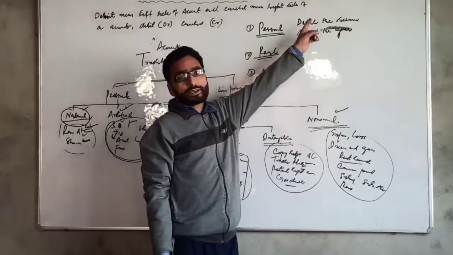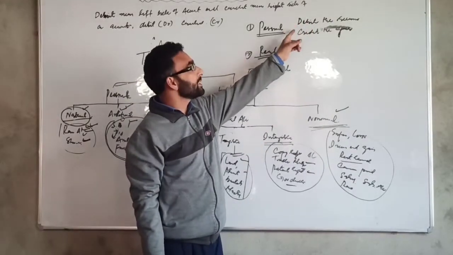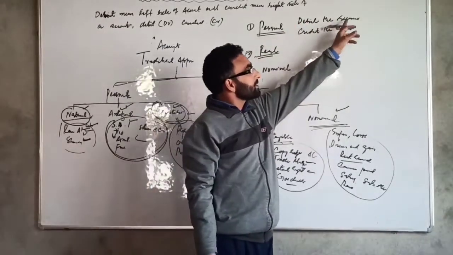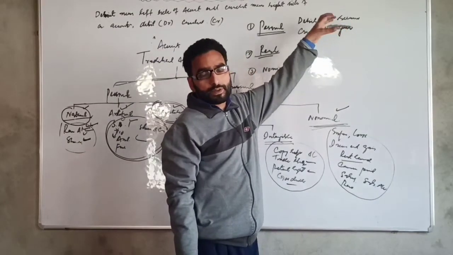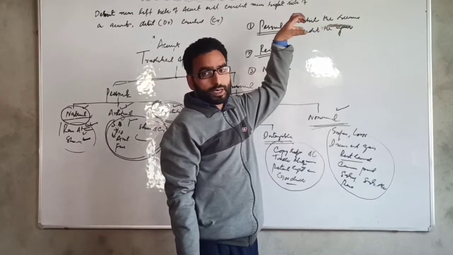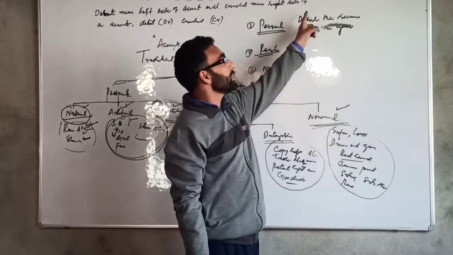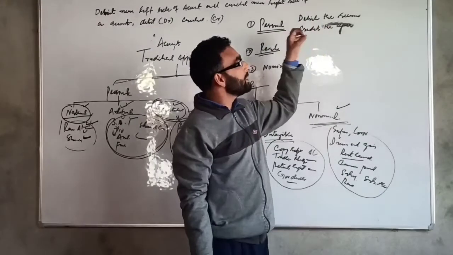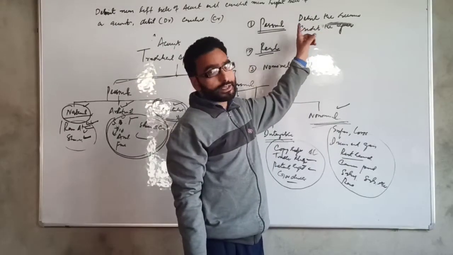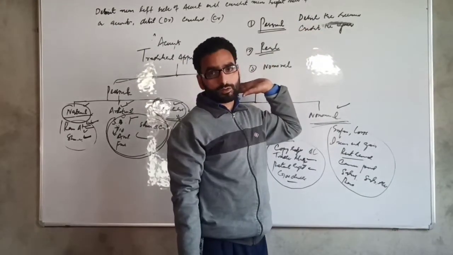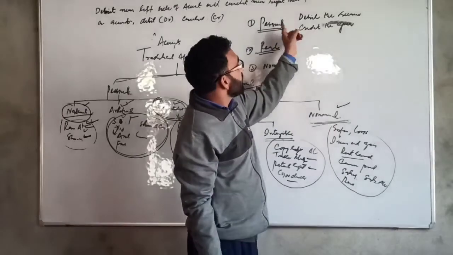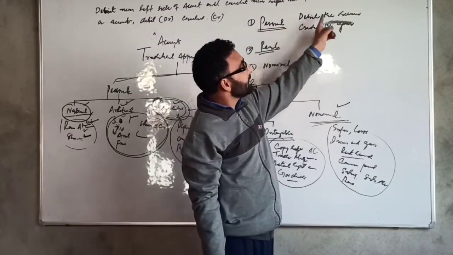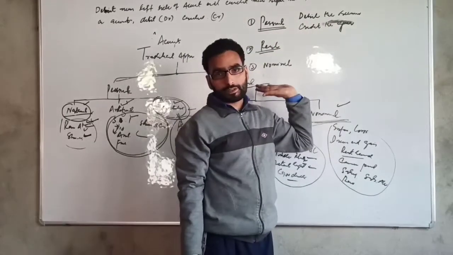This means when a person receives some amount, it is to be written in the debit side of his account. And when he gives money, when he gives anything, that is written in the credit side of his account. So as per the personal account, debit the receiver and credit the giver.